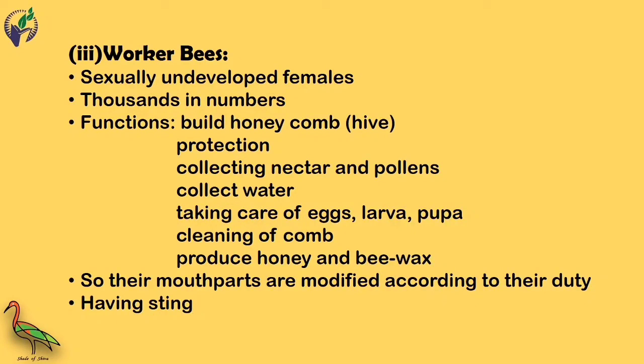Some workers have the duty of building the nest, some have the duty of protection. Some collect nectar and pollen to produce honey and beeswax. They carry nectar and pollen, and another group produces honey and beeswax. Some are taking care of eggs, larvae, pupa, etc.